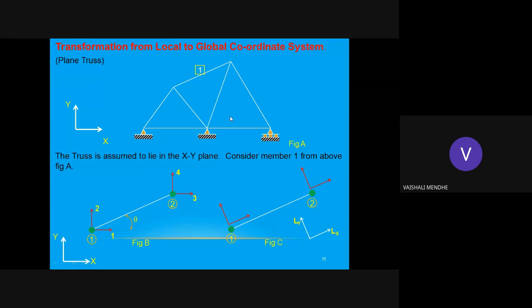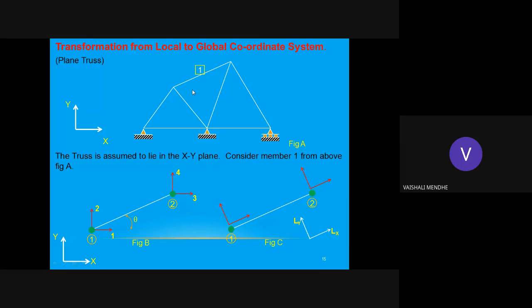Now we will see this. Here I have considered this truss, and you can see x and y, because your truss is a two-dimensional structure, so there is only x and y. This is your global coordinate system. For the derivation of the transformation matrix, I have considered the first member.